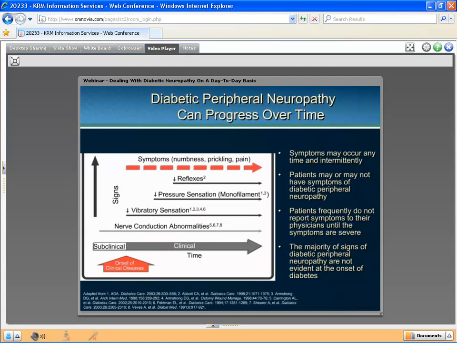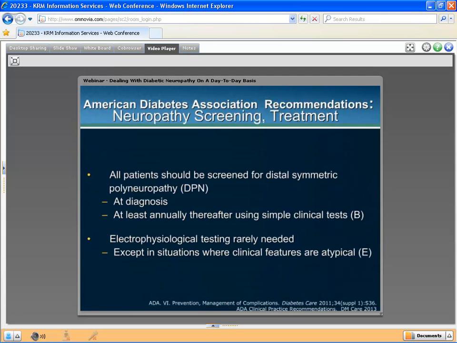So when we are trying to screen, the American Diabetes Association gives us some very good recommendations. And the clinical practice recommendations from just this year have suggestions for us that are through several of the slides that I want to share.